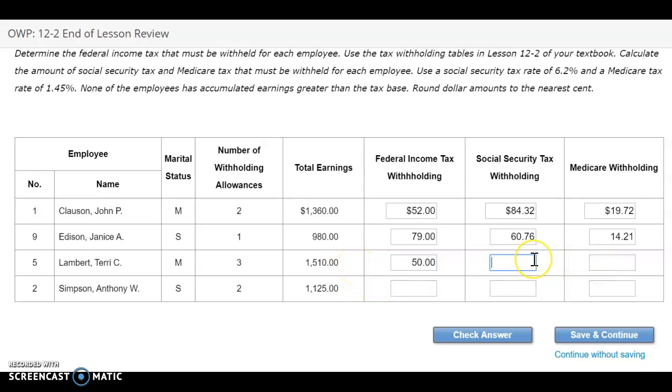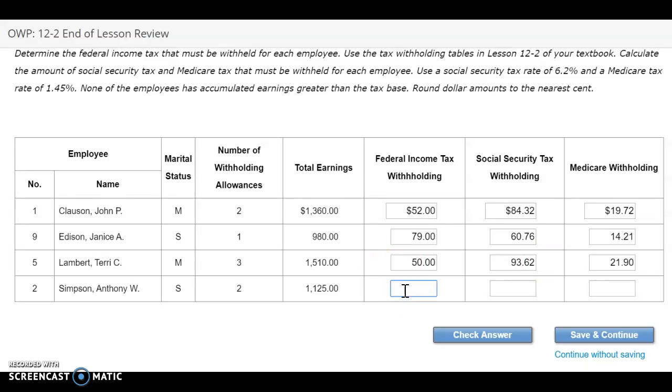Social Security tax, again, I'm going to calculate, so 1,510 times 0.062, $93.62. And then my Medicare withholding, 1,510 times 0.0145. And this one I'm going to have to round. So right now it says 21.895. And if I'm rounding, that's going to bring me to $21.90.